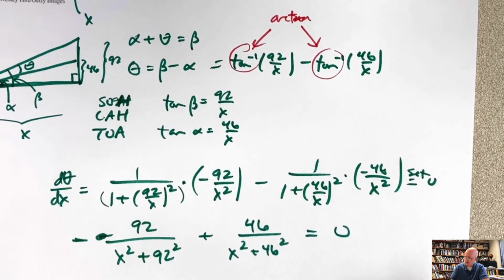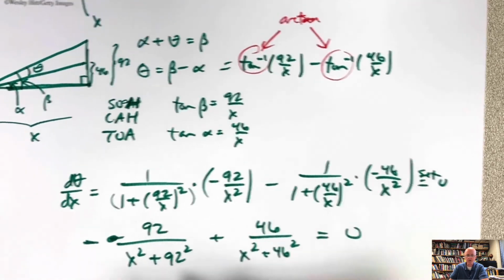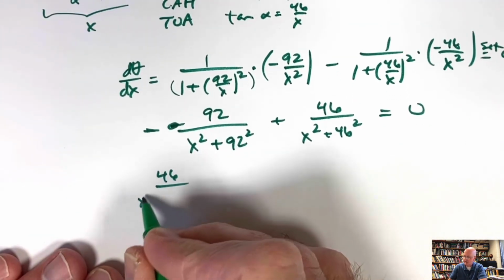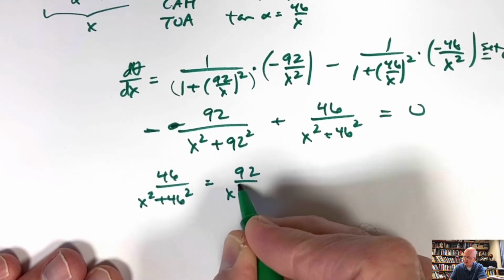This equals 0. Yeah, now let's put this on the other side. So 46 over x squared plus 46 squared is 92 over x squared plus 92 squared.